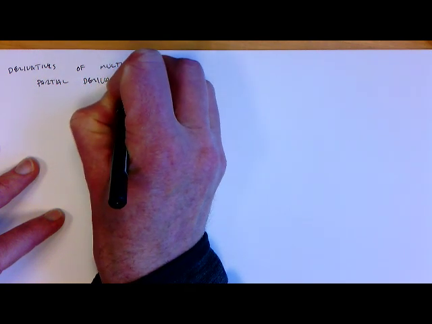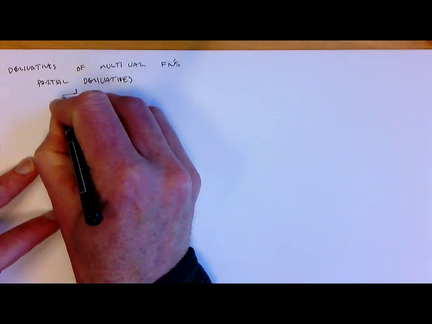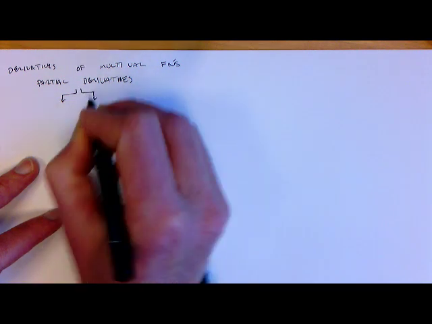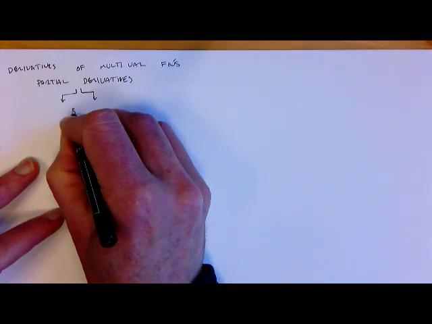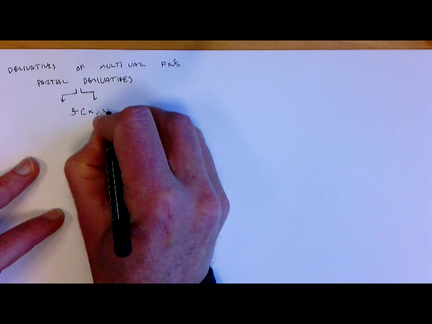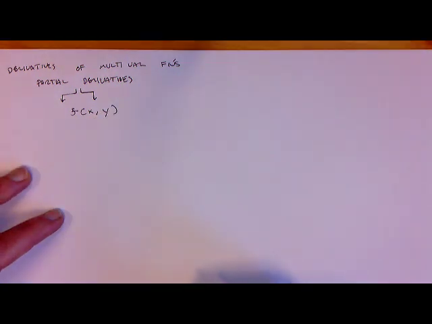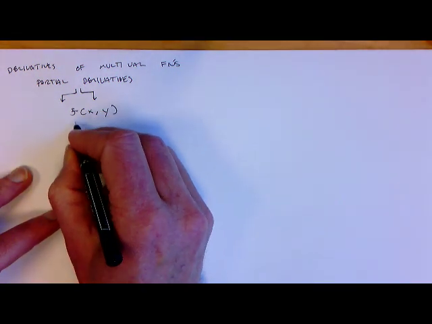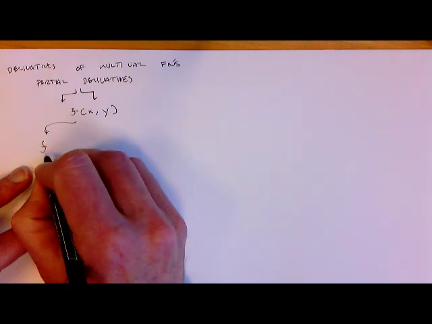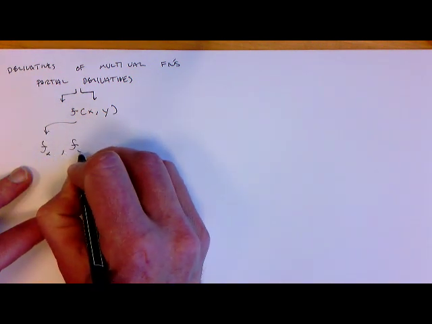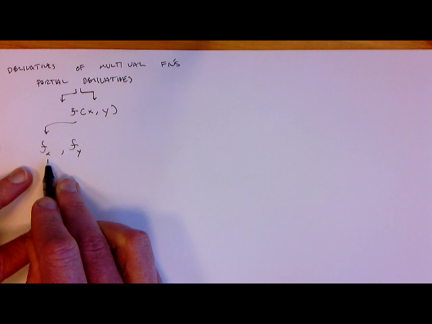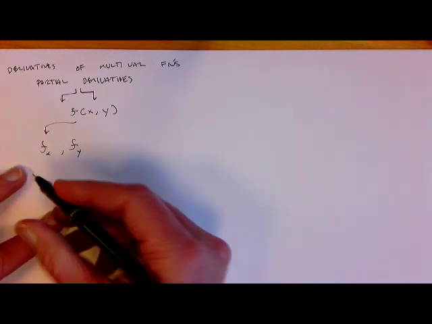and notationally a partial derivative is typically denoted in a couple of ways. If I have some function that depends on multiple variables, let's say a function of x and y, I might denote partial derivatives of that as f sub x and f sub y, which denotes the partial derivative with respect to x or the partial derivative with respect to y.